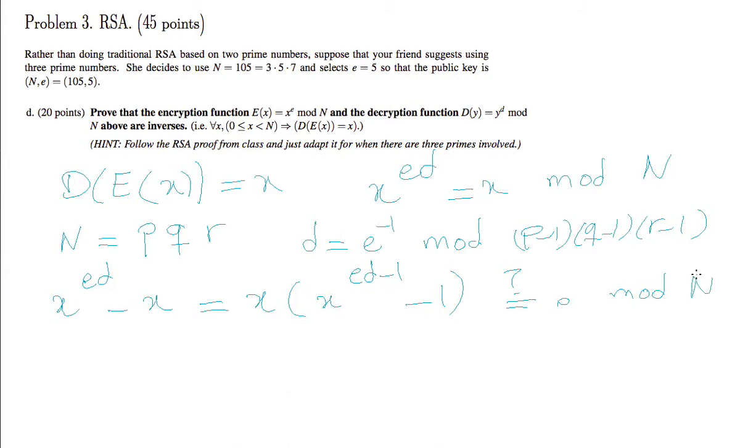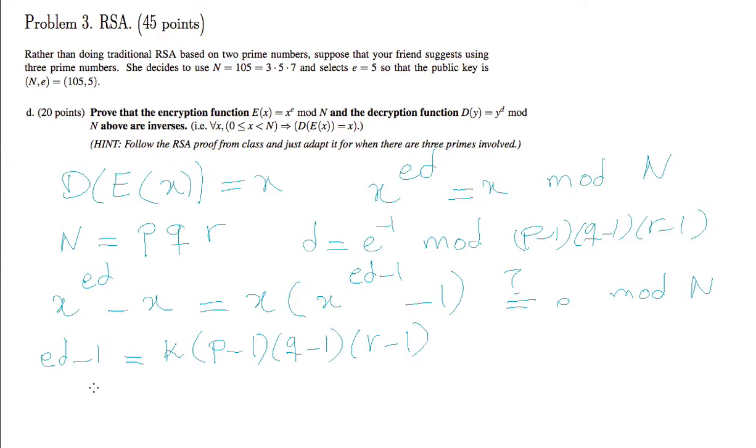and since d is e inverse mod p minus 1, q minus 1, r minus 1, we can write ed minus 1 as k, some integer, times p minus 1, q minus 1, r minus 1.